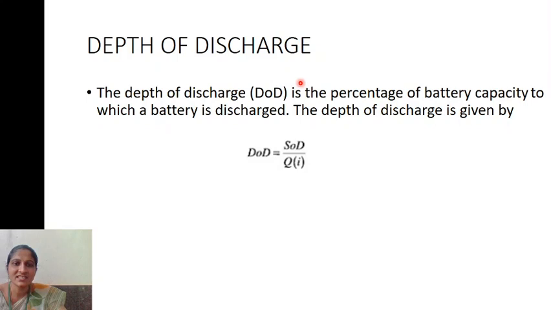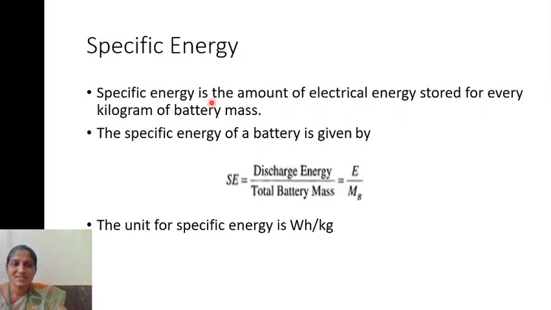And depth of discharge is the percentage of battery capacity to which a battery is discharged. So the depth of discharge is given by DOD equals SOD divided by Q. And specific energy is the amount of electrical energy stored for every kilogram of battery mass. So for every kg of mass, how much energy is stored?